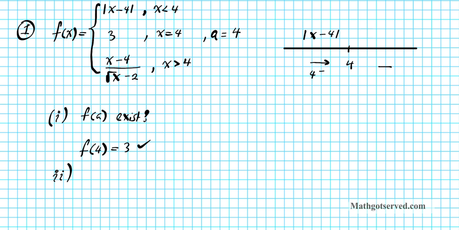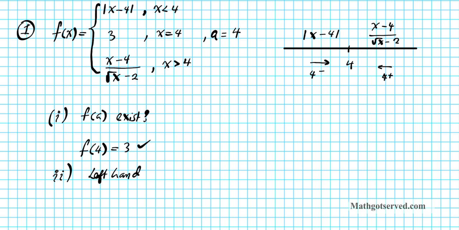And when you're approaching 4 from the right, the function in play is x minus 4 over the square root of x minus 2. Okay, so we need to do the left and right hand limits since we have 2 different functions in both directions.